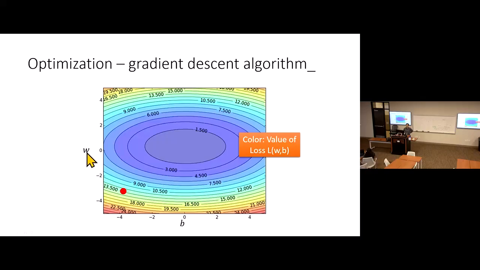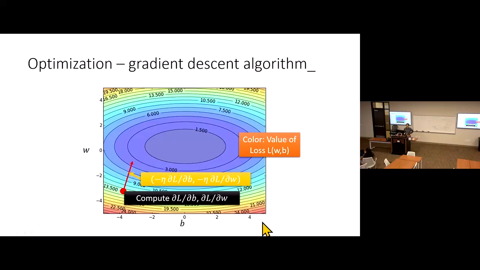We start from a combination of W and B at this place. In this case, you have B of -4 and W of -3, somewhere in here. The cost function gives you the value 13.5. Then you move, computing with respect to B and W and the cost function. Then you move in that vector direction because it gives you the next move toward the lowest part.